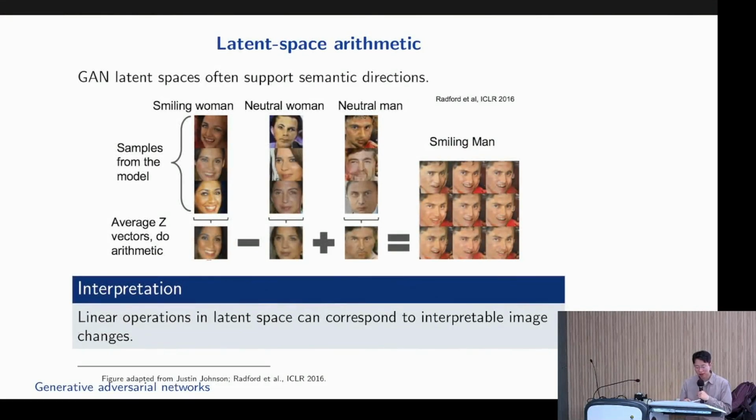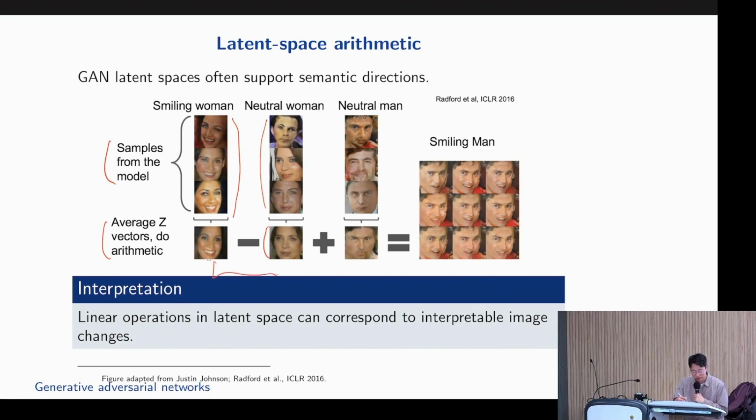And you can do latent space arithmetic as well. So you sample some Z's from the model and collect the Z's that output smiling woman, and average the Z's that output smiling woman, and you sample Z's that output neutral woman, sample the Z's, average the Z's in the Z space.